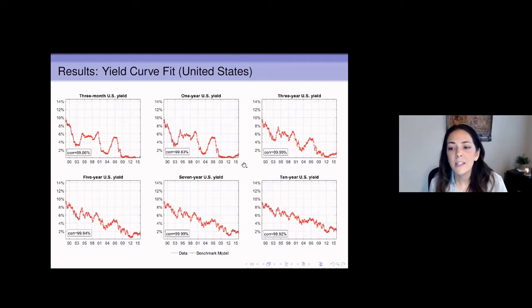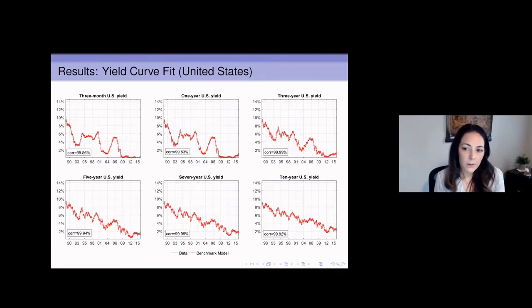But as you can see, the model does an excellent job of modeling the yields of the United States and the UK, and it's going to be very good at modeling yields for all of these countries. Now, this is not super surprising because these models were built to model yield curves, and they do a fantastic job at it.